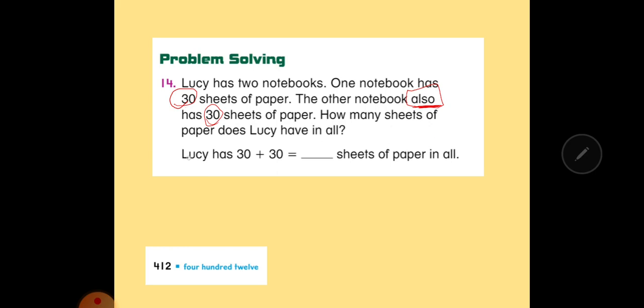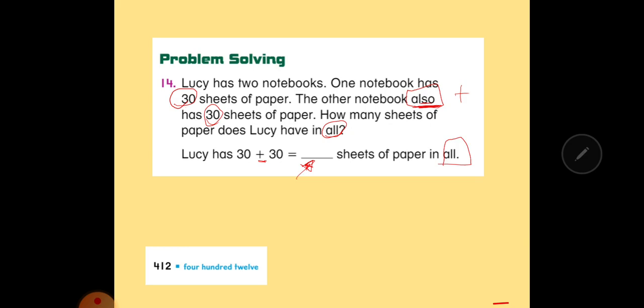How many sheets of paper does Lucy have in all? All together, join and add. What will you use? Plus sign. Okay, also we can use it with the plus sign. So 30 plus 30, do you know the answer? Please write it here. I'm pretty sure you know it. It's very easy. You see, we say sheets of paper in all.